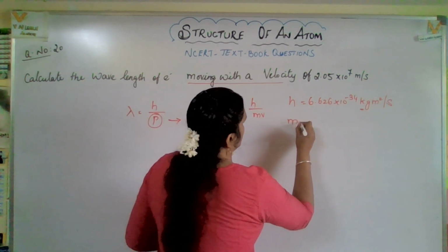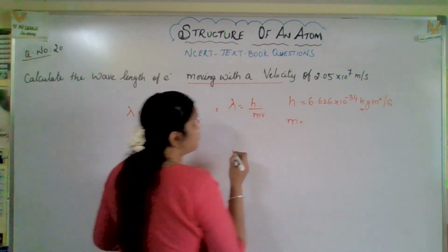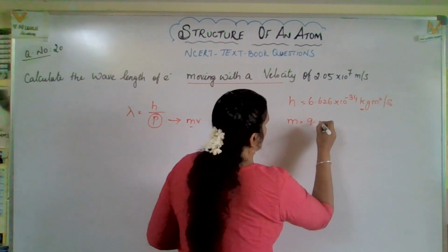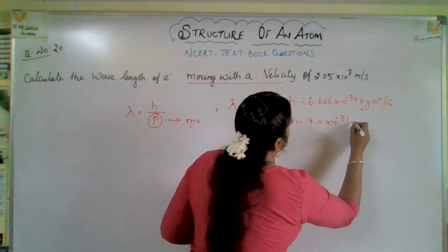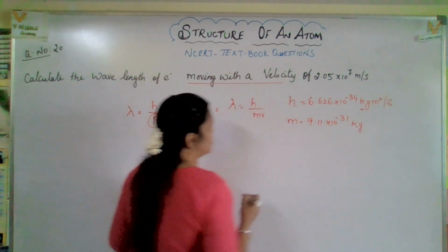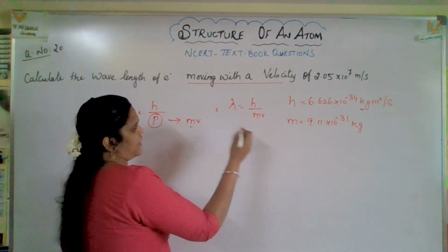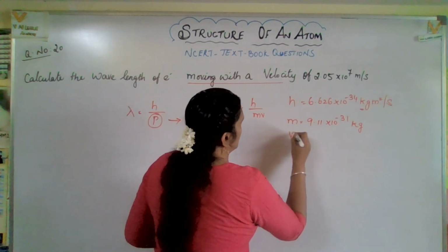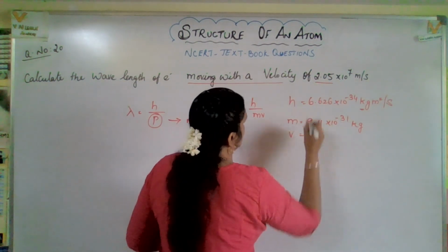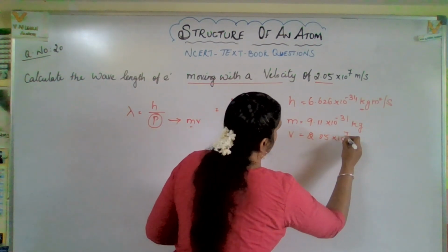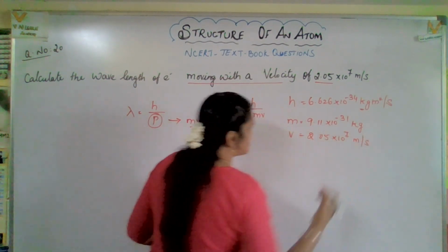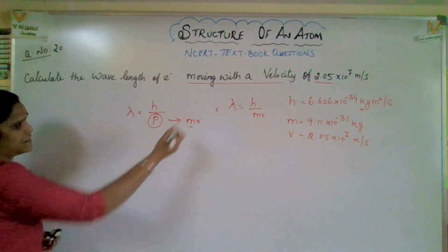And m is the mass of electron, 9.11 into 10 to the power of minus 31 kg. Now v, the velocity they have provided, is 2.05 into 10 to the power of 7 meter per second. You just apply the values.